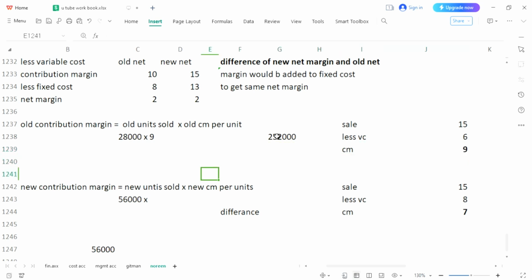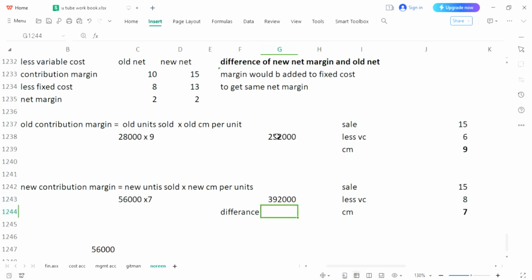So we will calculate our total contribution margin with the new price, and new contribution margin is 7. Let's calculate it on the calculator: 56,000 multiplied by 7.